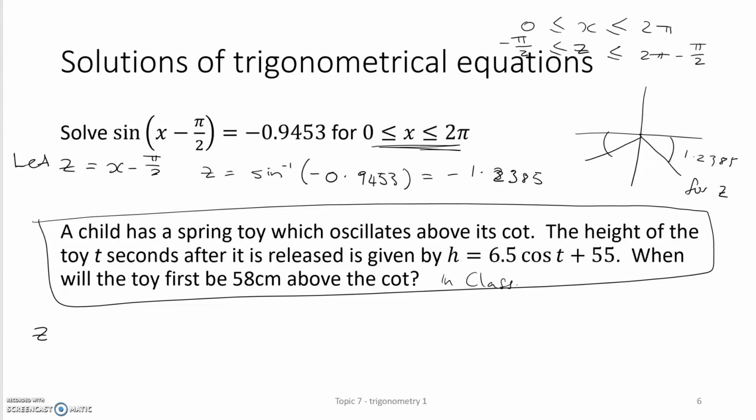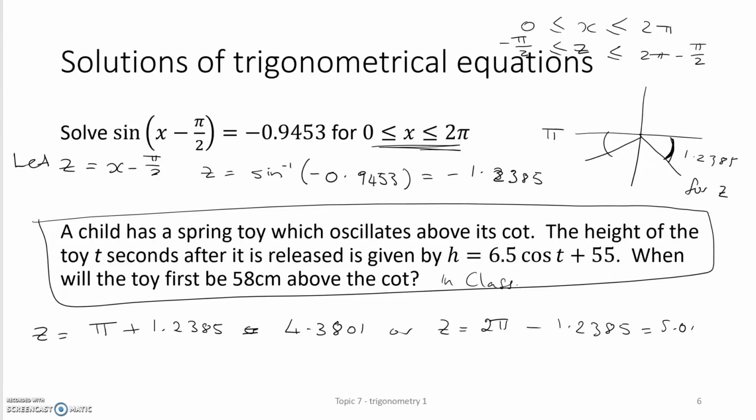So z equals pi, because this is pi, plus 1.2385, which is, use the calculator, 4.3801, or z equals 2 pi minus 1.2385, which is 5.0447.